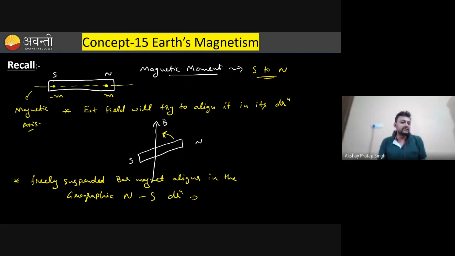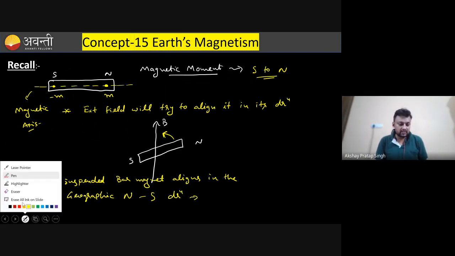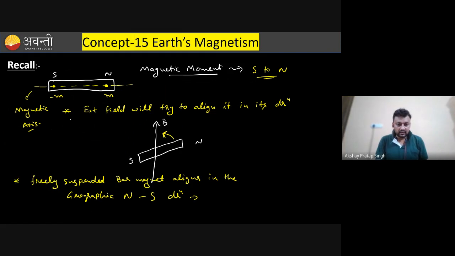Now my concern is, if you combine these two points, let's suppose this is point 1 and this is point 2, we get something interesting. What is the interesting thing? You know that a magnet can be rotated by a magnetic field.